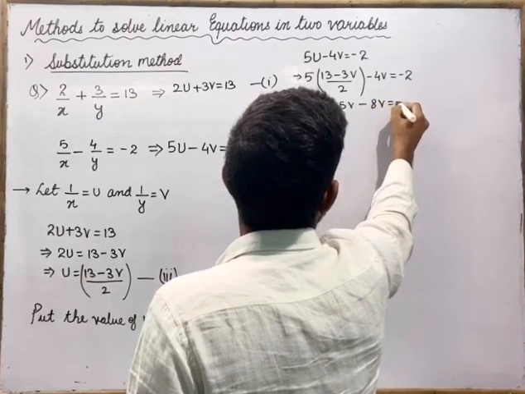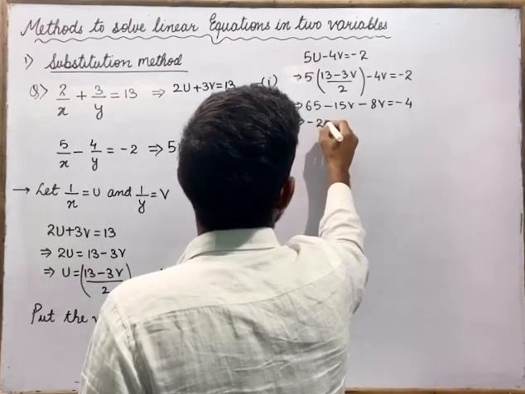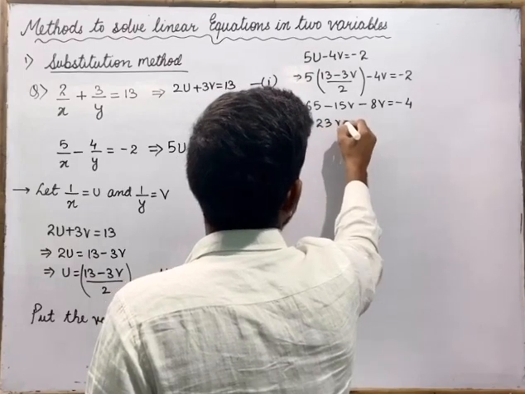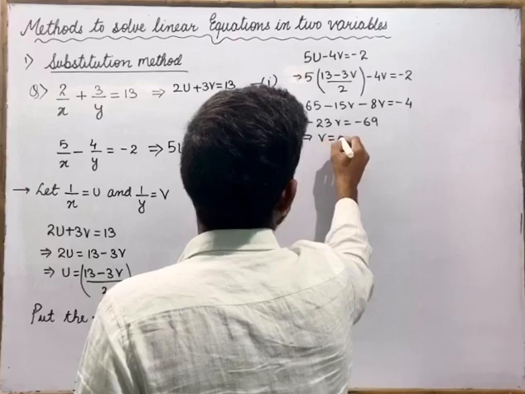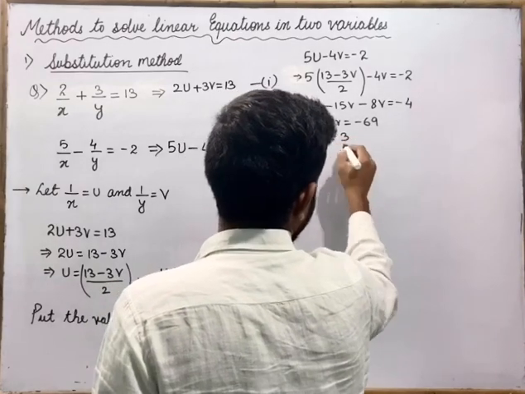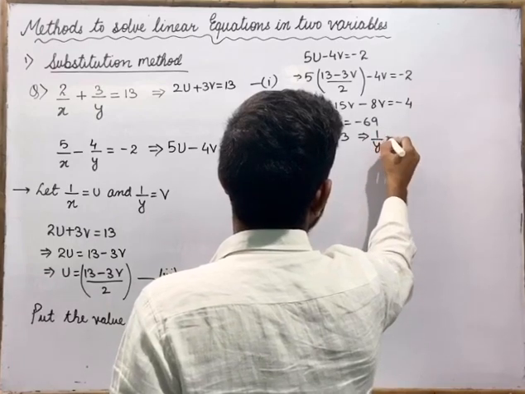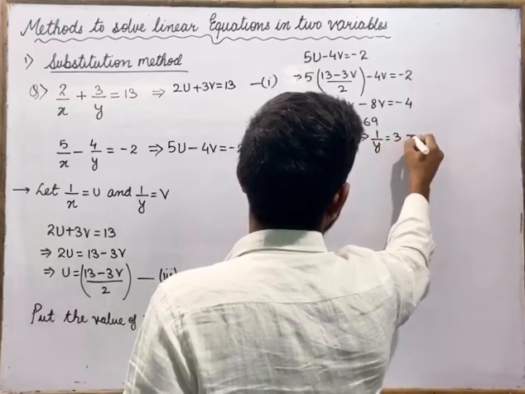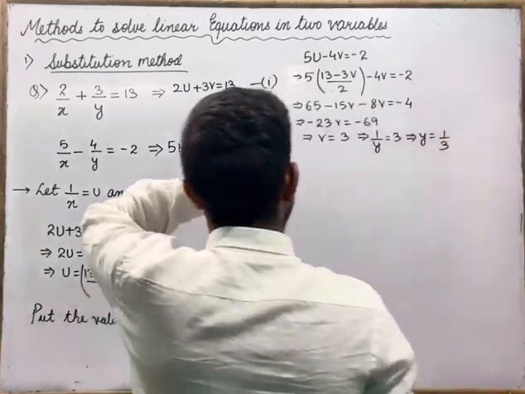Minus 8v equals minus 4. So minus 23v equals minus 69. So v equals 3. Since v equals 3, and we had taken v as 1 by y, 1 by y equals 3. So y equals 1 by 3.